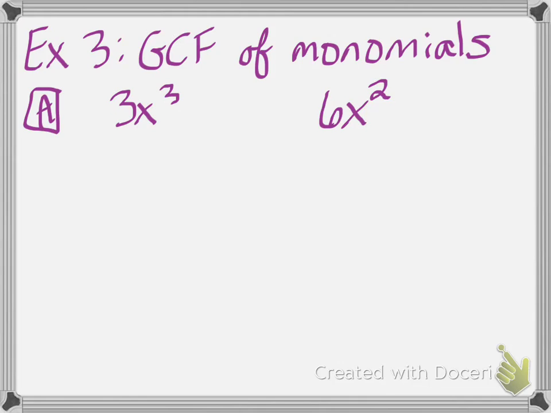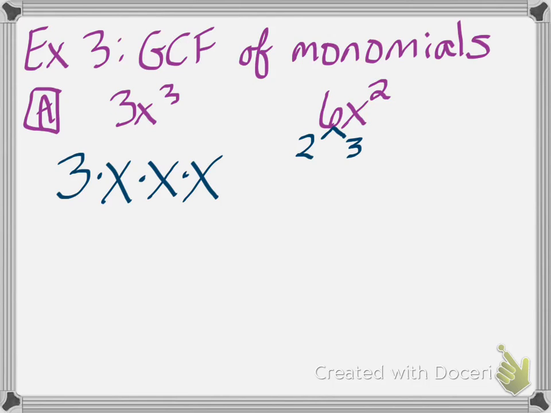Now, let's apply it to our algebra part. Let's find the greatest common factor of monomials. Greatest common factor, sorry. So 3x cubed, there's a 3, and then there's 1, 2, 3 x's. 6x squared, I need to break it into its prime factors, which is 2 times 3.